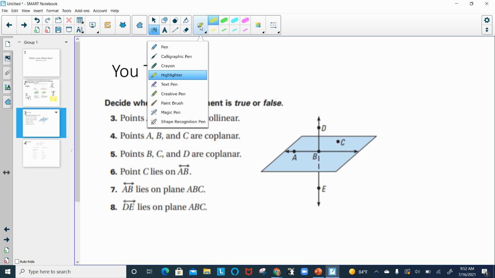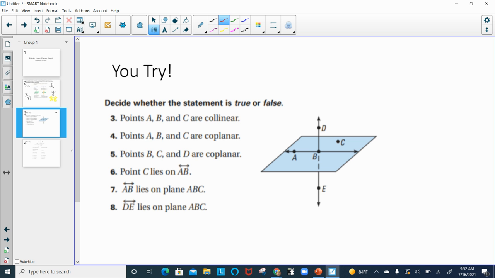So hopefully you saw that points A and B and C are not collinear, but they are coplanar. They are on the same blue surface. B and C and D are not coplanar because D is above the plane.